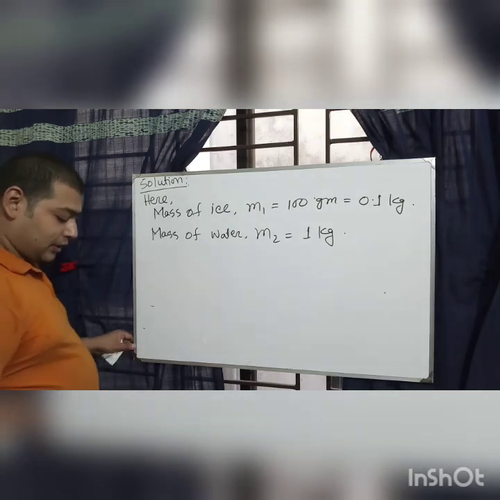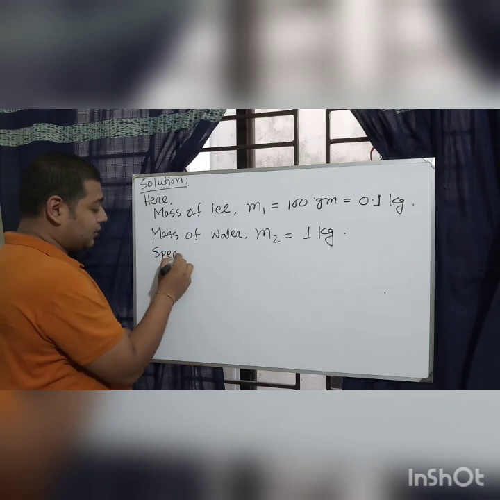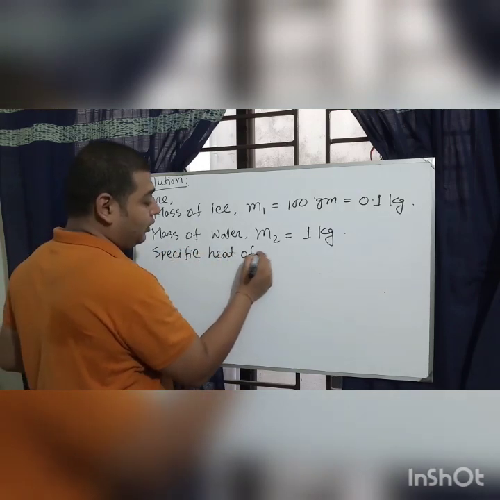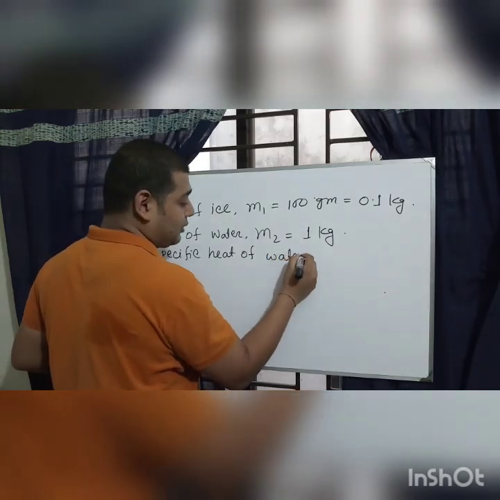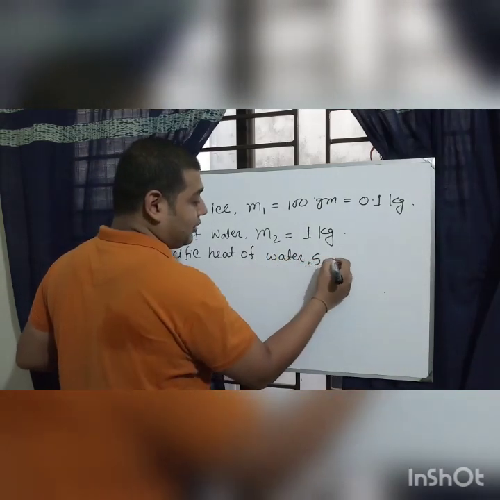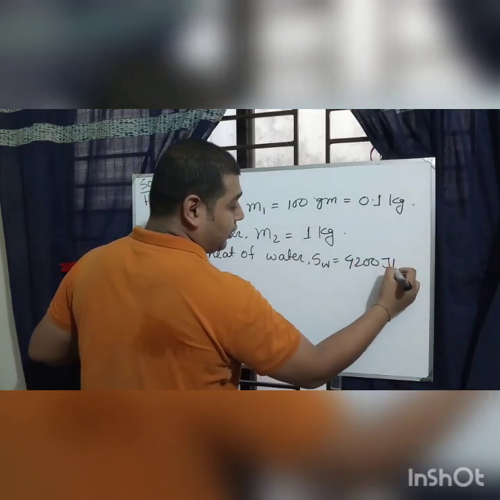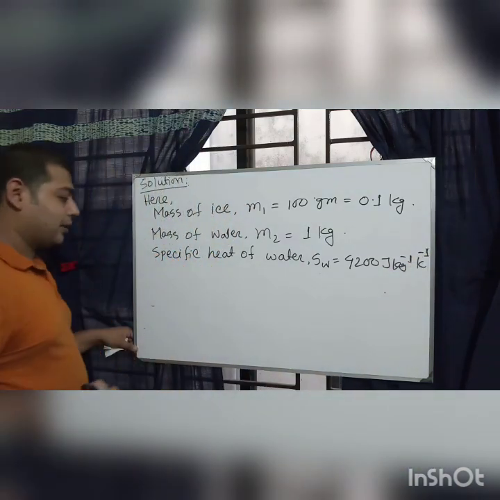Specific heat of water: we know that the specific heat of water is S equal to 4200 joule per kg per Kelvin. Okay.